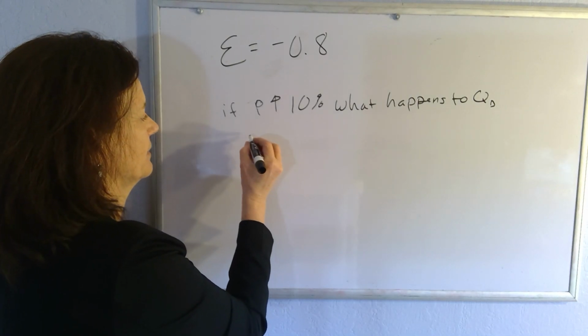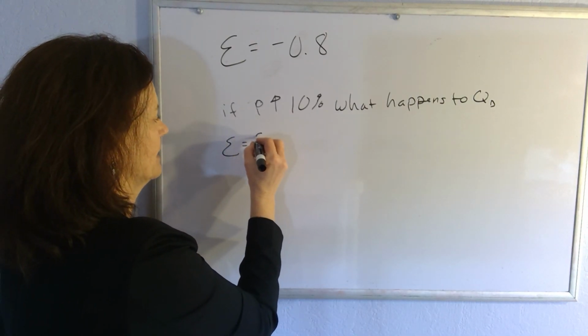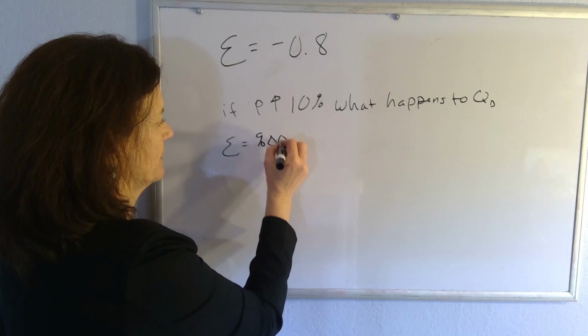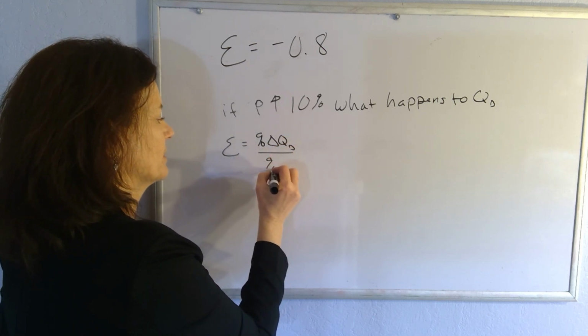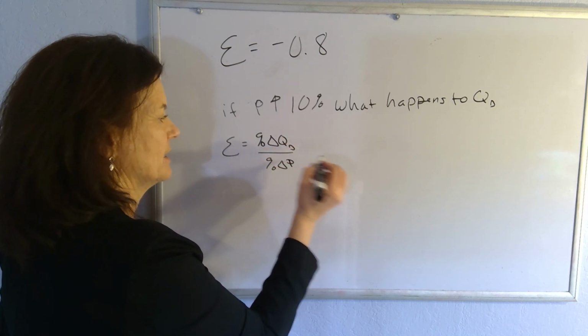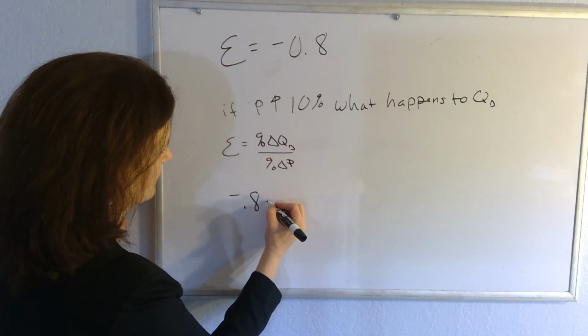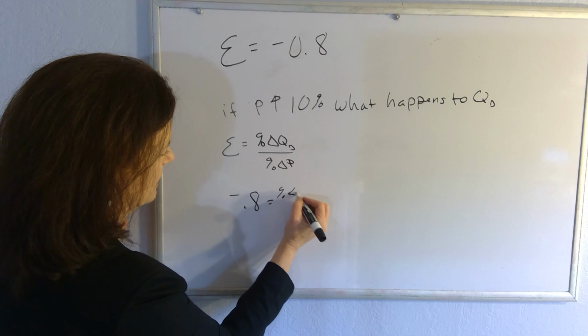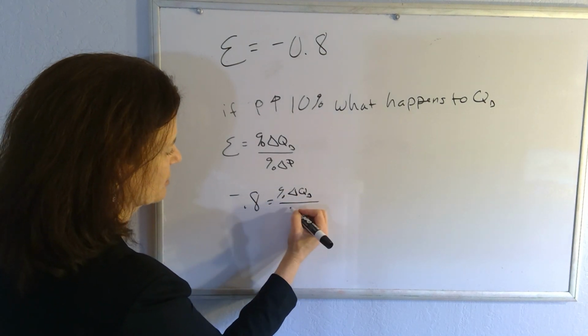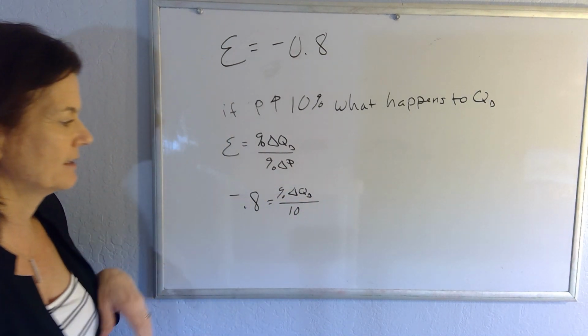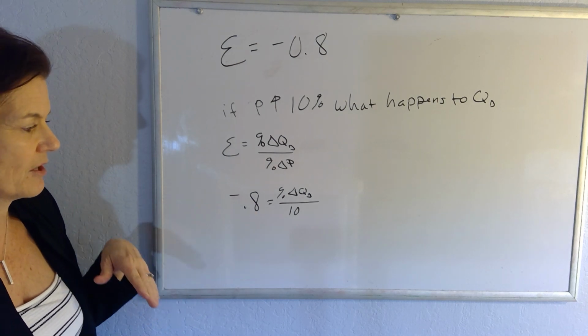If we know elasticity equals the percent change in quantity demanded over the percent change in price, and if we know elasticity is negative 0.8, and we know the percent change in price is 10, then we just solve that equation, right?